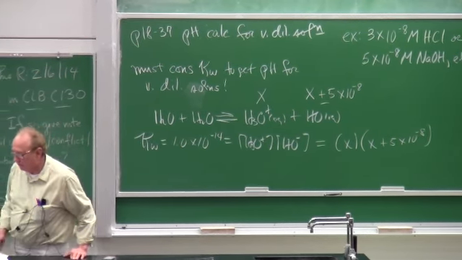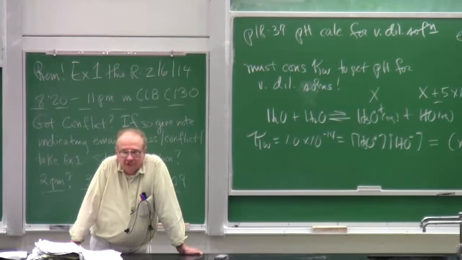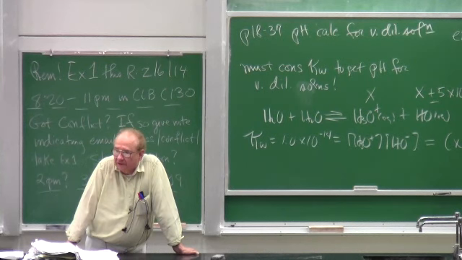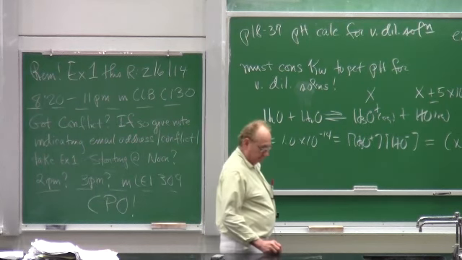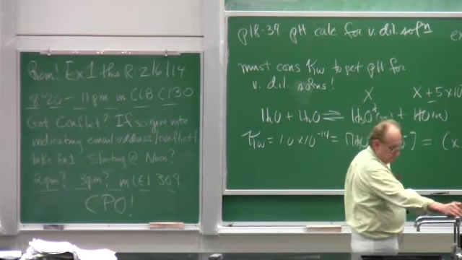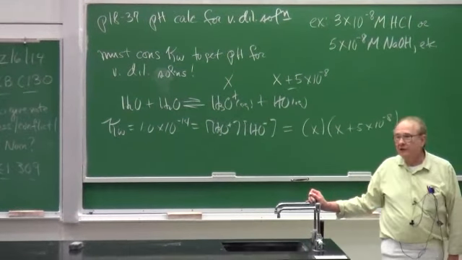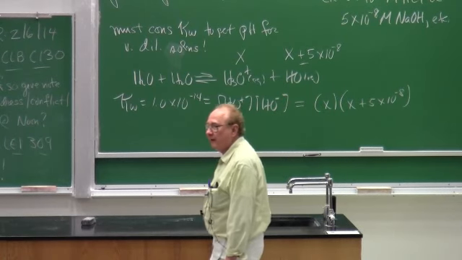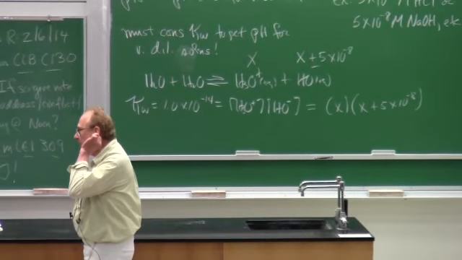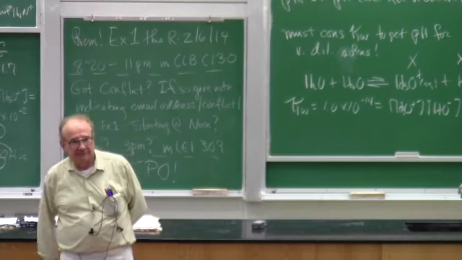What chemistry should we think about in solving this? Should we not first realize that this solution is very dilute? Given that it's very dilute, we know without doing any arithmetic, because chemistry tells us so, that the value for x is very close, if not equal to, what number? 1 times 10 to the minus 7.